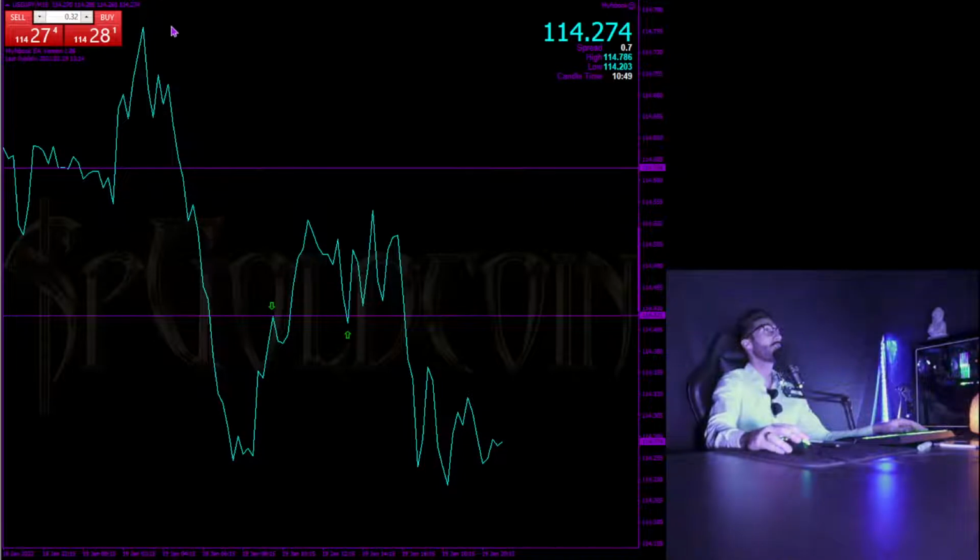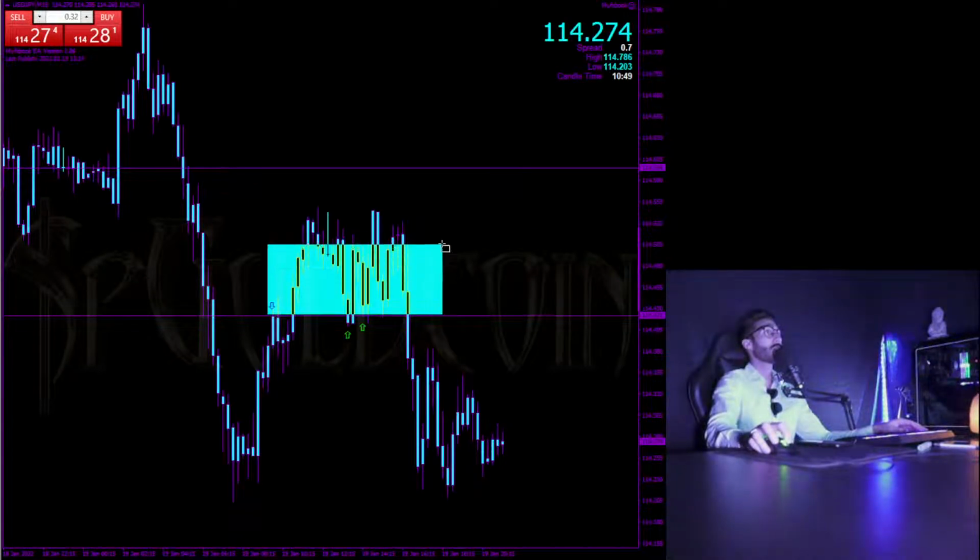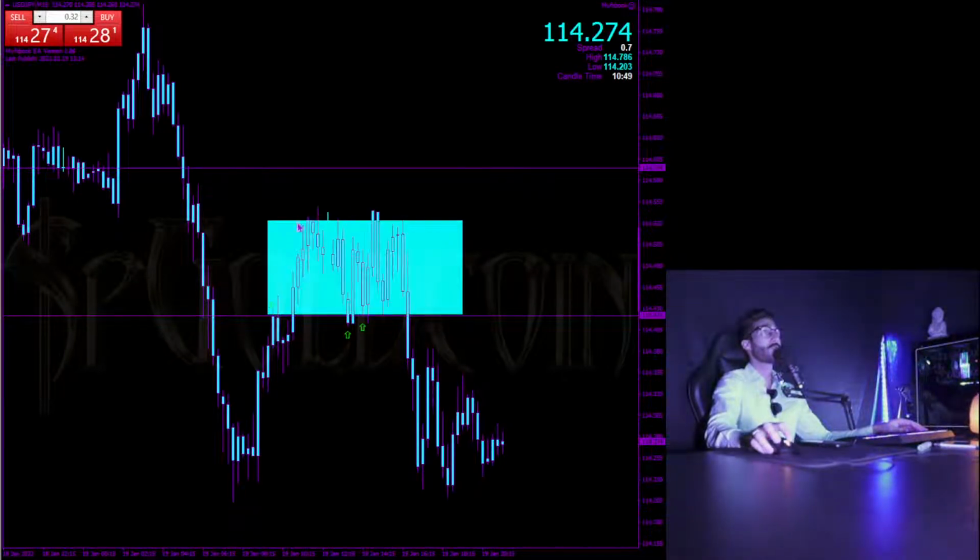So we had 3 forms of rejection, 2, and then we came back up. So now the candle closed, and in the time of us looking at the trade, we should have developed a no trade range, because obviously we can see that the price is consolidating.